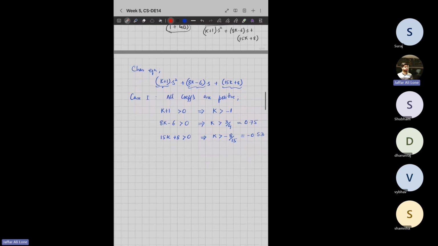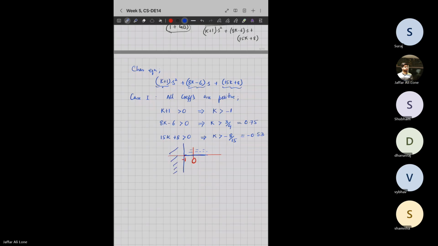Let's assume this is the number line. This is 0, this is positive, this is negative. My first condition says K should be greater than minus 1, so this range should come and this range should not.